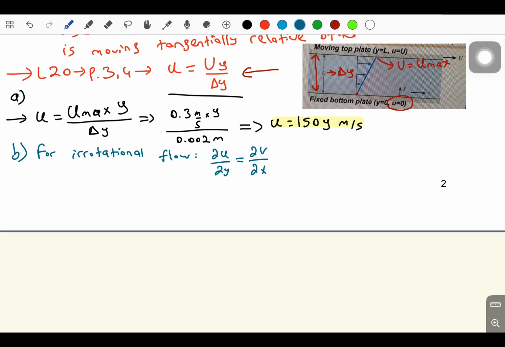So the derivative of u with respect to y is 150, which is coming from here. But we don't have any v term, or we don't have any vertical velocity. So this means we have 0 here. So these are not equal. So we have rotational flow.